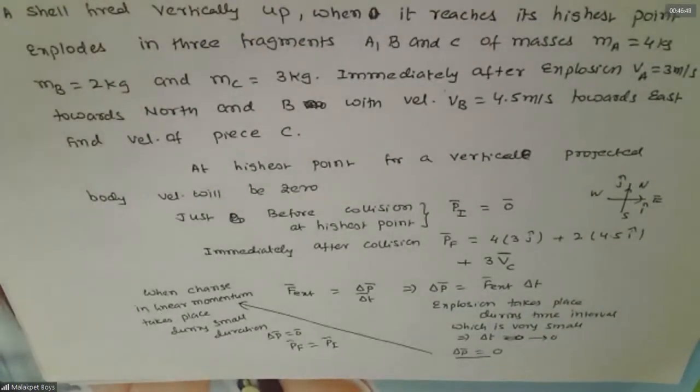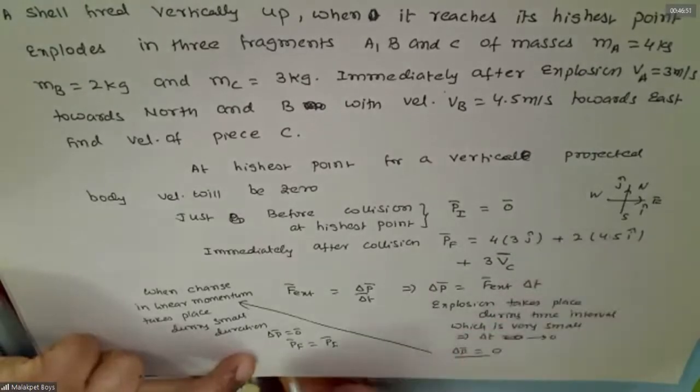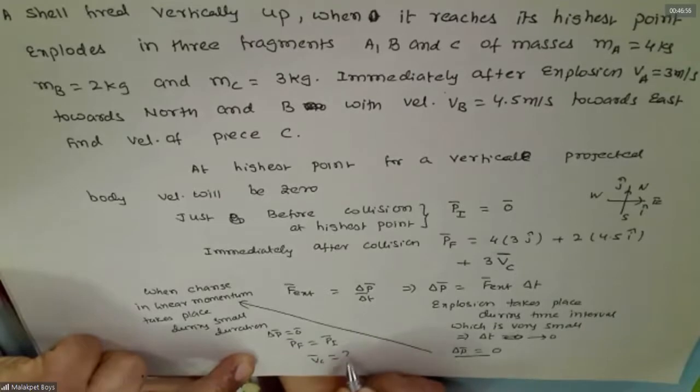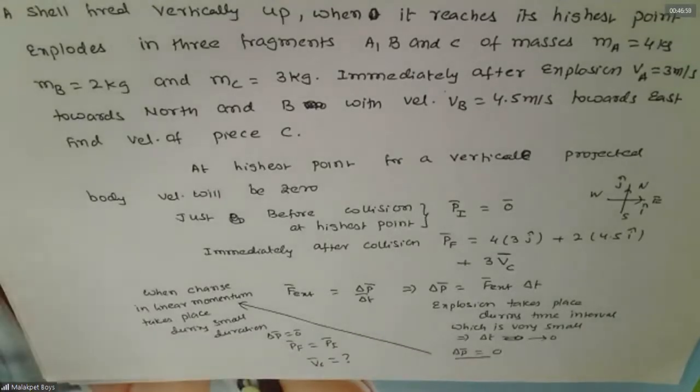Now I can conserve, so I can substitute the P values and get V C. If there is no external force, momentum is conserved. Or the other way, if an external force is there, but the duration during which the linear momentum changes is very small, then also initial momentum equals final momentum. Momentum just before the changes occur is equal to momentum immediately after the changes occur.